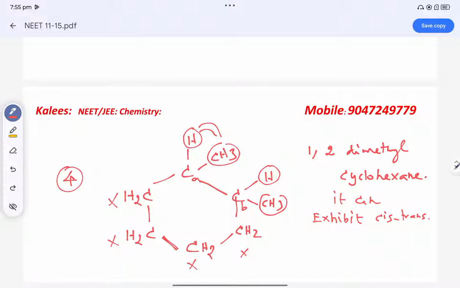Why? Because the Ca carbon has two different substituents, and different substituents are added here. Okay, so with restricted rotation around the C double bond C, it can exhibit cis-trans isomerism. So option 4 will be the correct answer. Okay, my dear students.